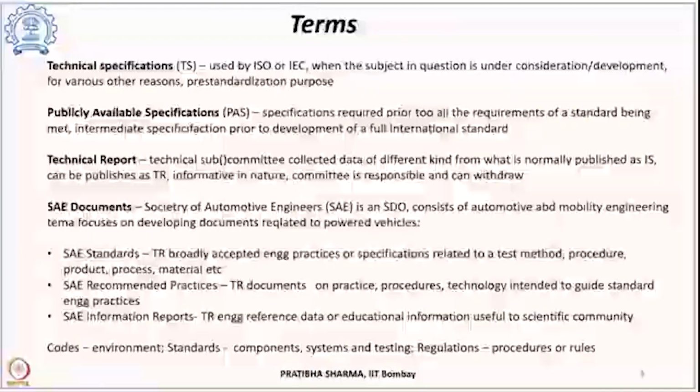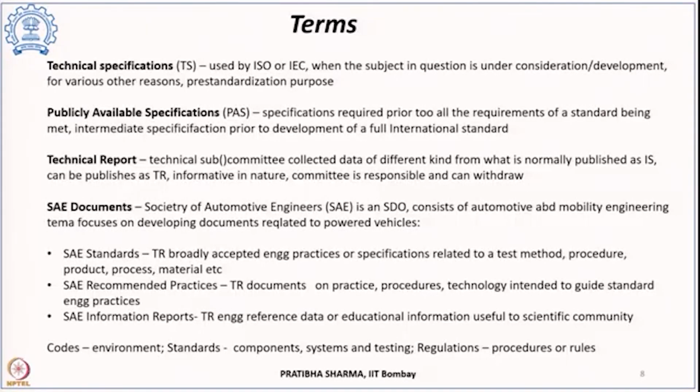Now there are certain more terms which are widely used, like the technical specification, in short written as TS, and this is used by ISO or IEC. What are ISO and IEC, that we will see. So these are the organizations for standards.